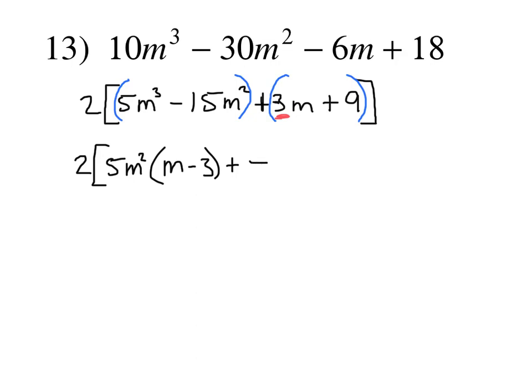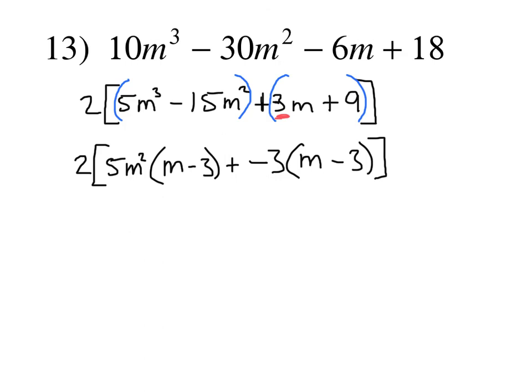Between 3 and 9, they have a common factor of 3. So I'm going to factor out a negative 3, which leaves me with a positive m, but now a negative 3 is left inside. Again, that's because negative 3 times negative 3 gives me that positive 9 that I started with.